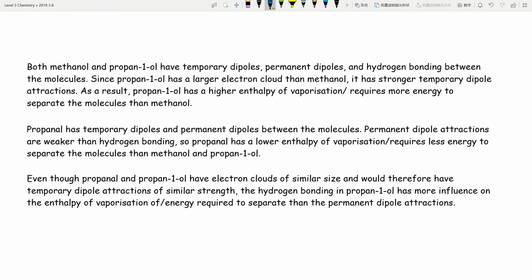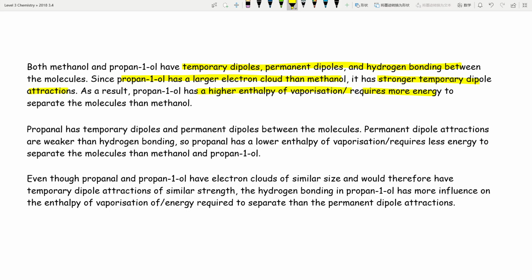In this case, they just broke it down into pairs, like I mentioned. Methanol and propan-1-ol have temporary dipole and hydrogen bonding, but because propan-1-ol has a larger electron cloud than methanol, because of the larger molar mass, it has a stronger temporary dipole force of attraction, therefore a higher enthalpy of vaporization, because it requires more energy to overcome the intermolecular forces.